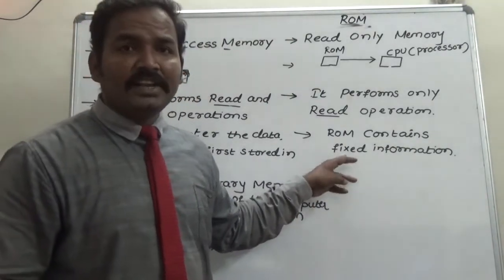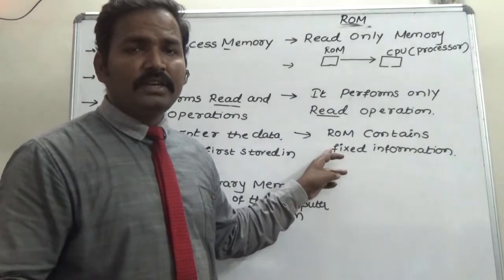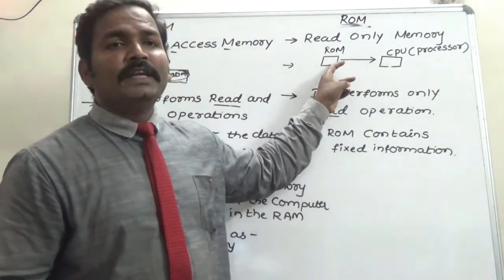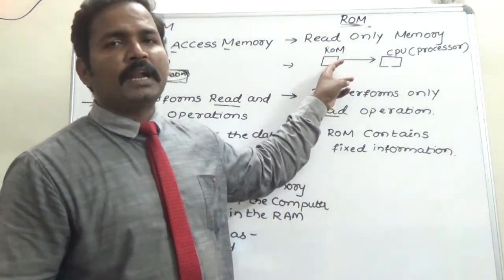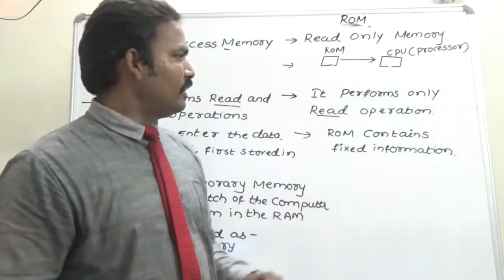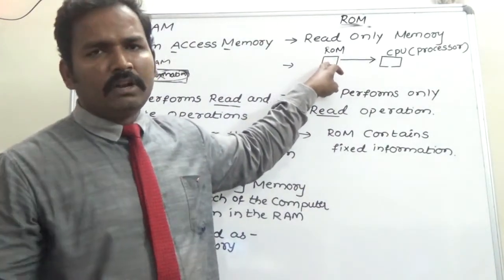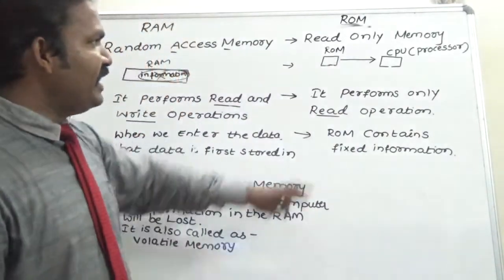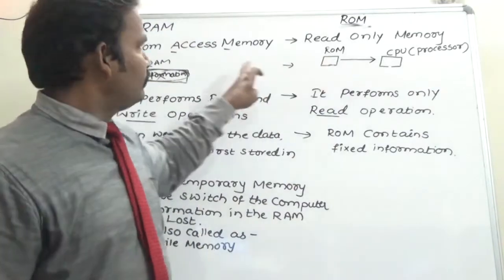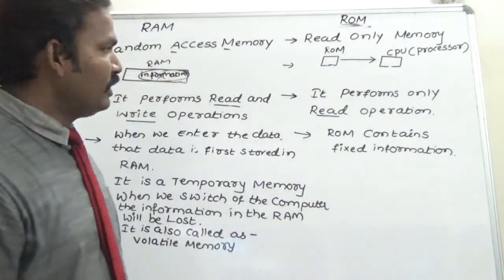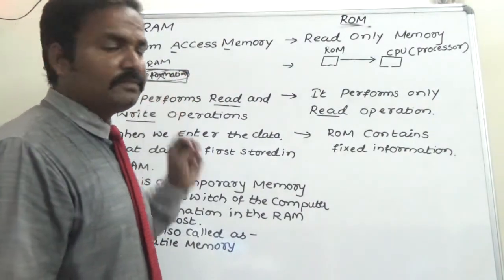What information does it contain? The ROM contains system booting files on it permanently. So the information in the ROM will not be changed. It contains fixed information. But in RAM, the information will be changed always. It does not contain fixed information.